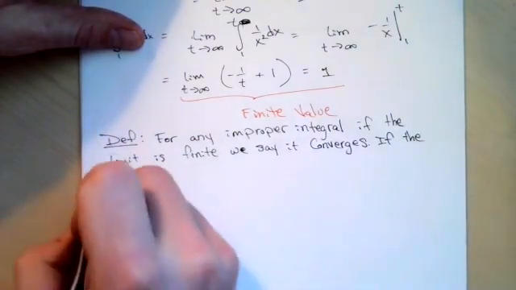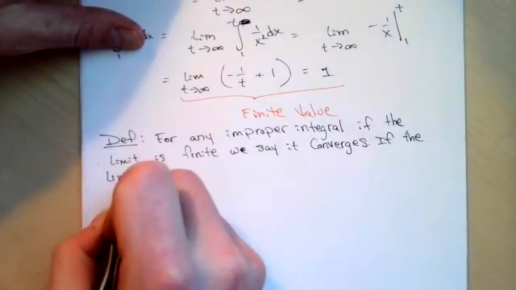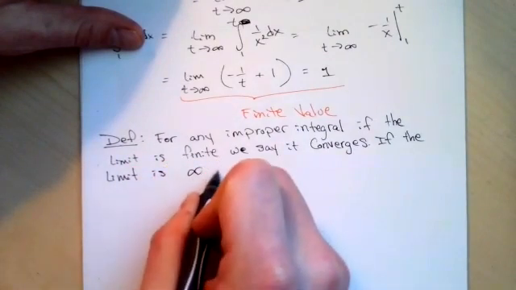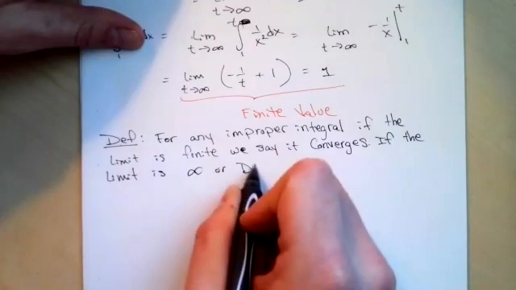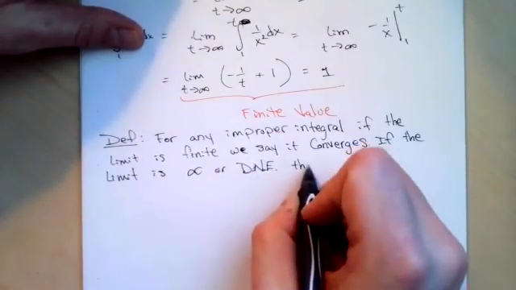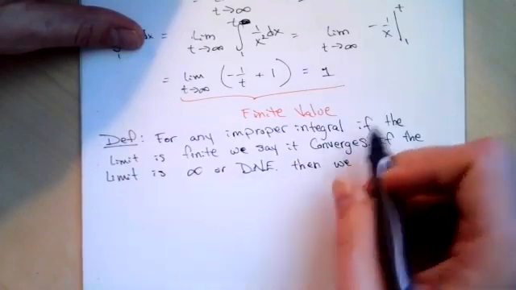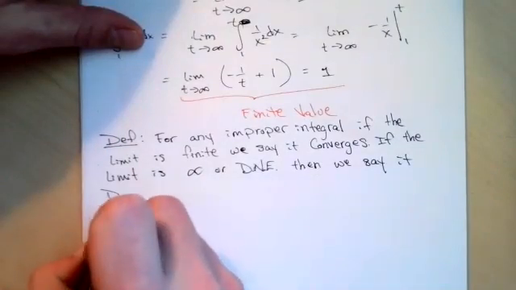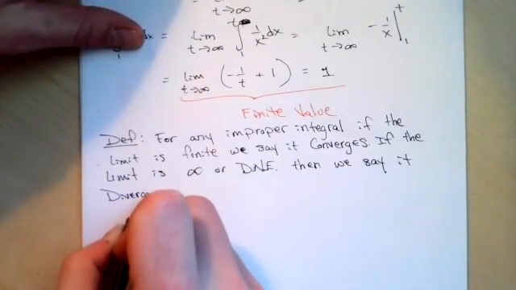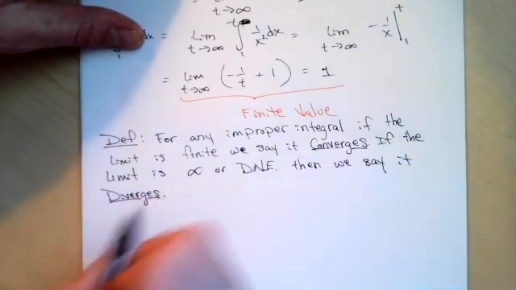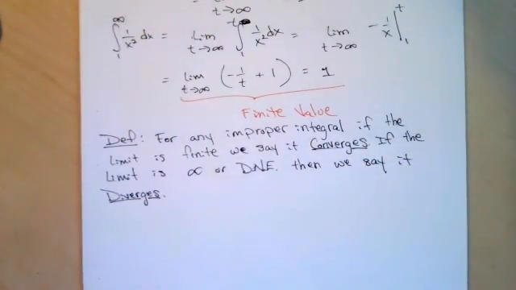If the limit is infinite or does not exist, then we say it diverges. So converging and diverging, we'll be using those terms quite a bit this semester.